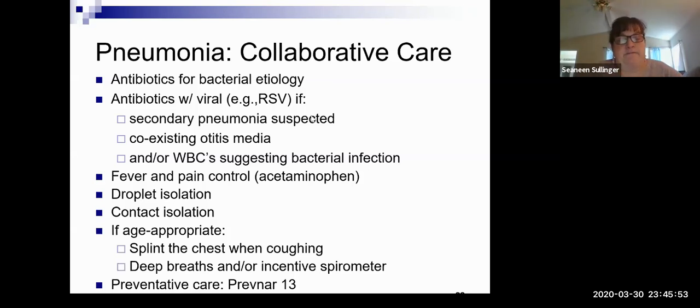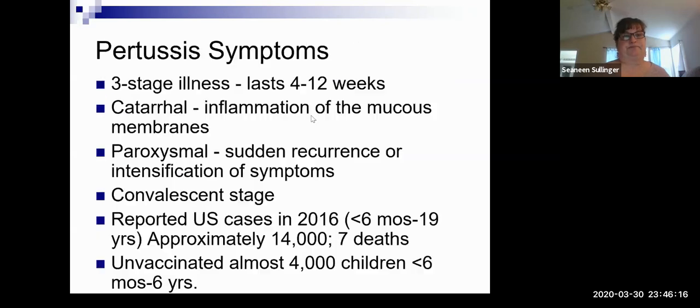And then vaccines, the Prevnar 13. Also in the video, they talked about for pertussis, the DTaP and Tdap, so those are important. I hope that you can see now that these conditions can be life-threatening for children as well as adults, and the vaccines have really helped decrease the incidence.